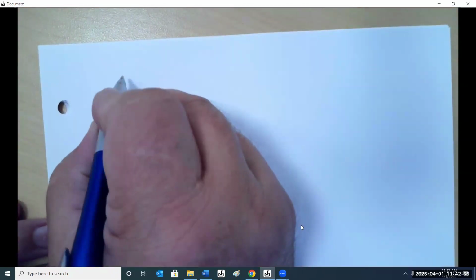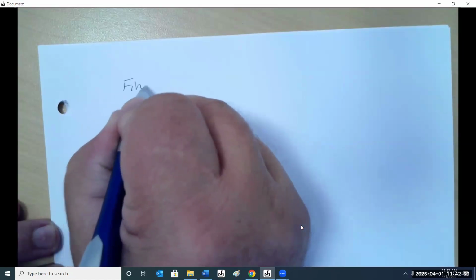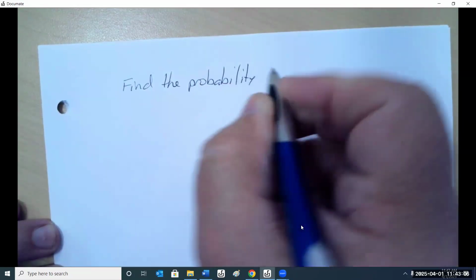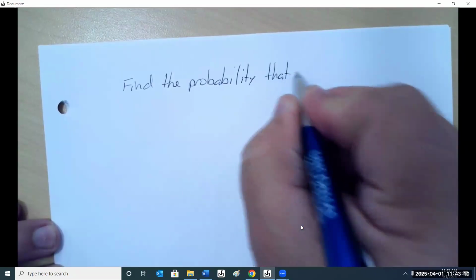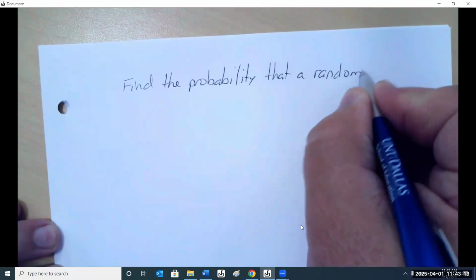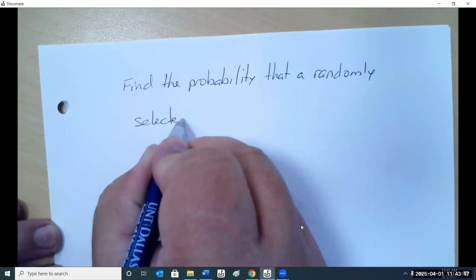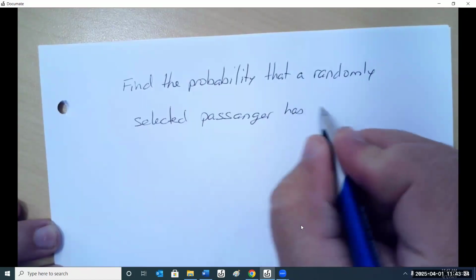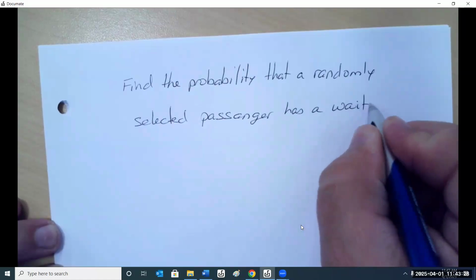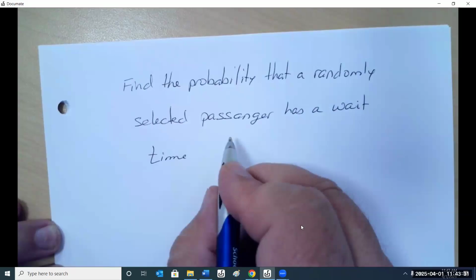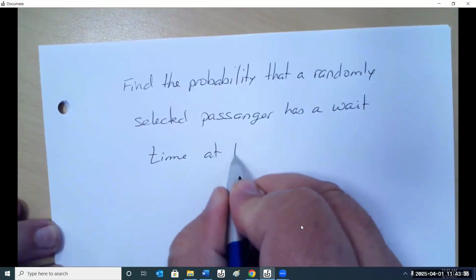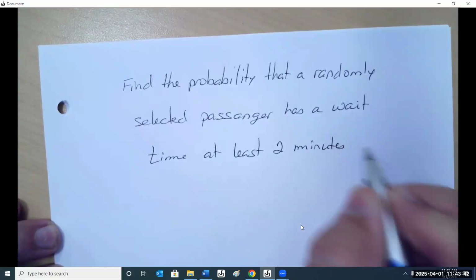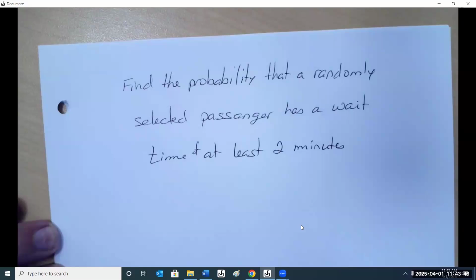So what was the question? Find the probability that a randomly selected passenger has a wait time of at least 2 minutes.